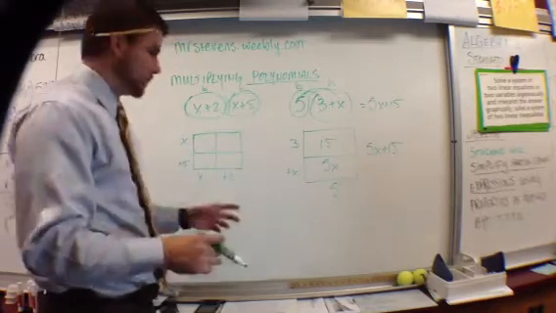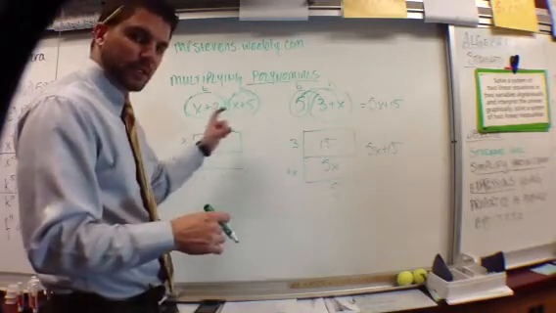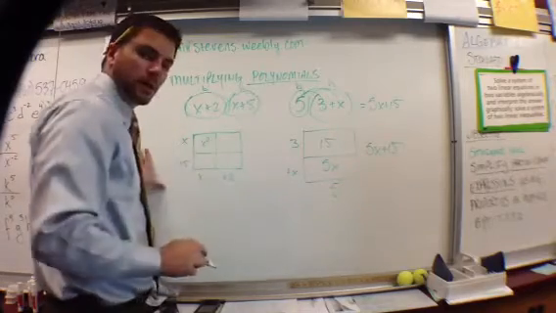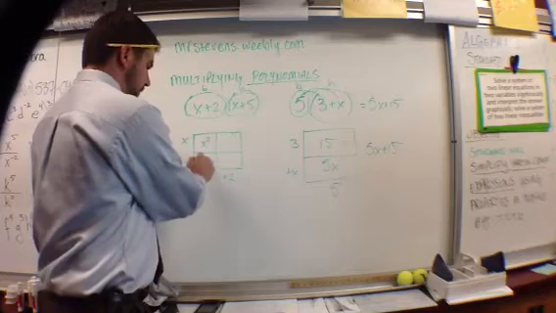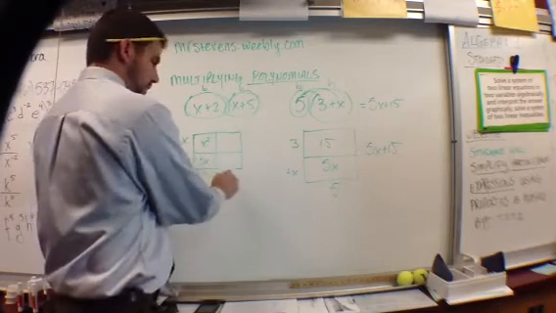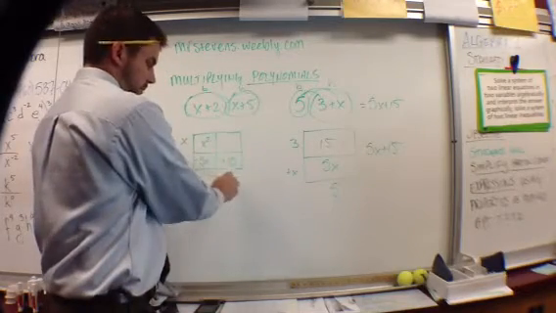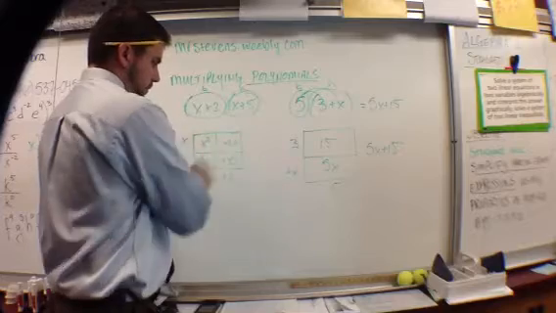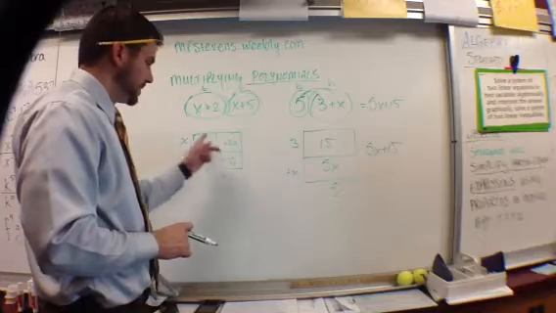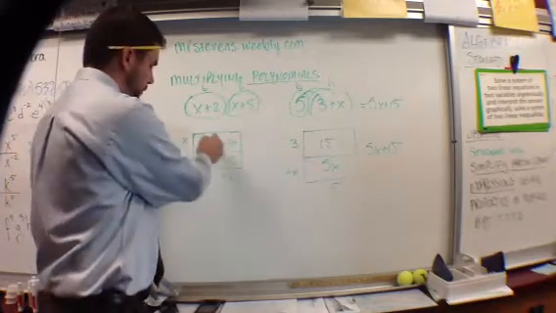From here I'm just going to multiply each base and height in order to find the area of each rectangle inside. So x times x gives me x squared. X times 5 gives me a positive 5x. Positive 5 times positive 2 gives me a positive 10. And x times a positive 2 gives me a positive 2x. From here I'm going to look inside the area model and see if I can combine any like terms.